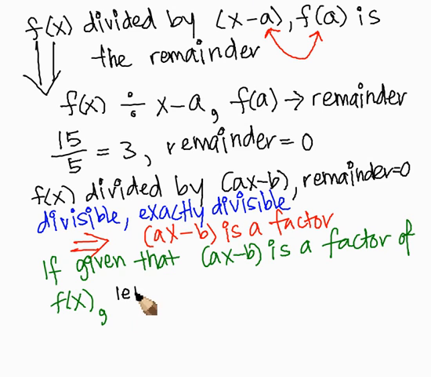We let ax minus b equal to 0. You should be able to tell me that x is equivalent to b over a.